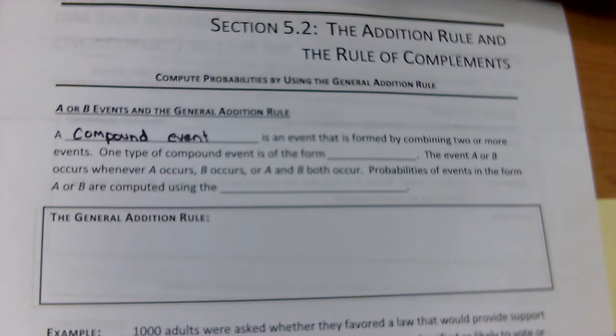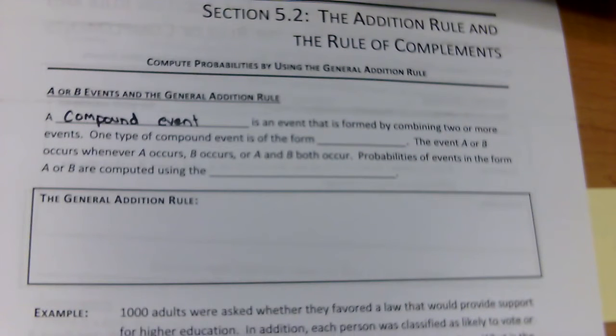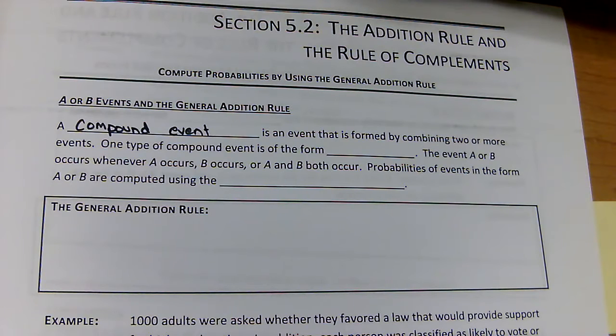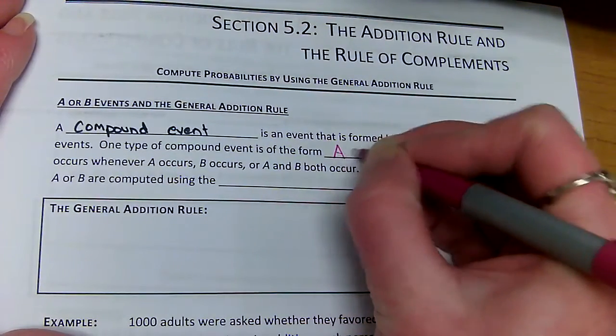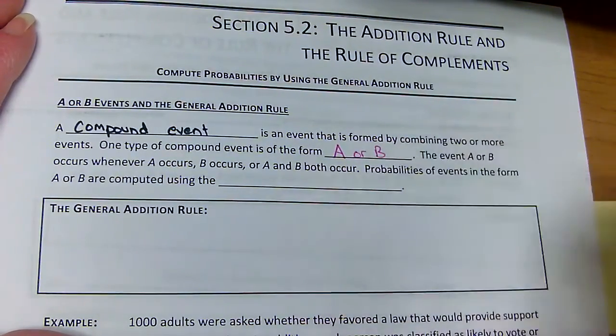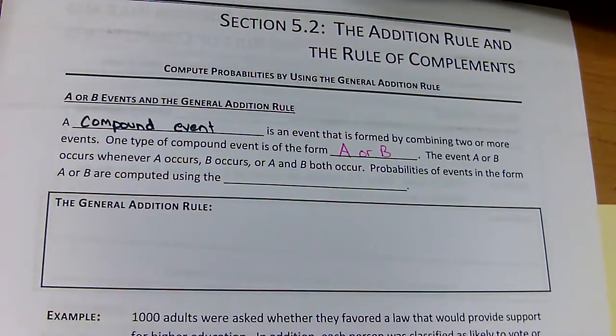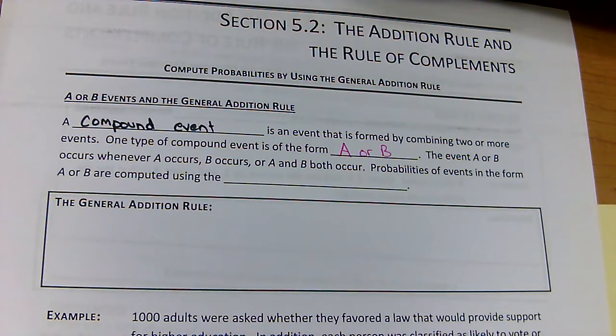One type of compound event is in the form A or B. The event A or B occurs whenever A occurs, B occurs, or A and B both occur.